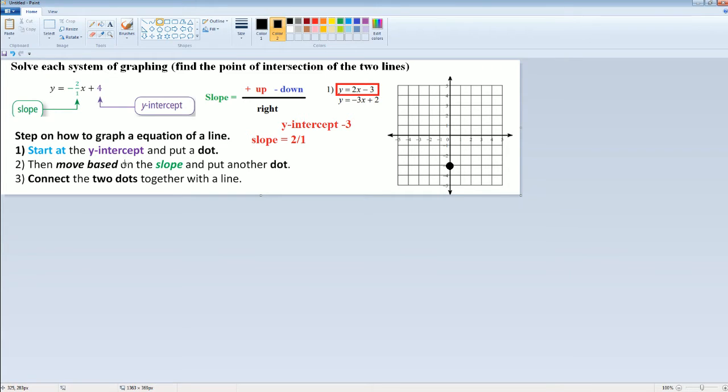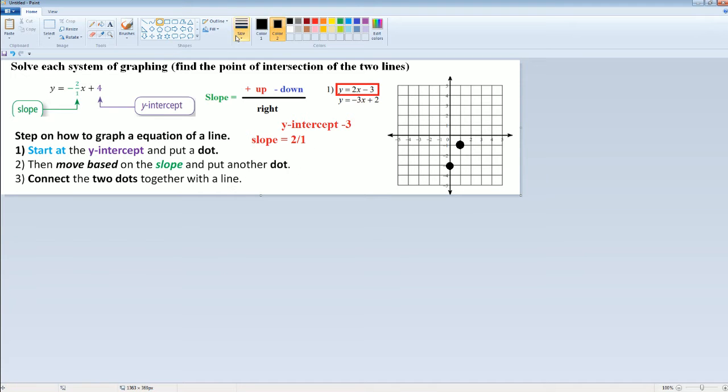Now, I move based on the slope. The slope here is 2 over 1. Do you see this top number of 2? It says go up or down. It's a positive number, +2, so I'm going up 2. From here, I go up 1, 2. Do I put a dot here? No, I do not. I go up 2, but I also have to go right, because that's the bottom of the fraction. So I go up 2, then I go to the right 1, because it's 2 over 1.